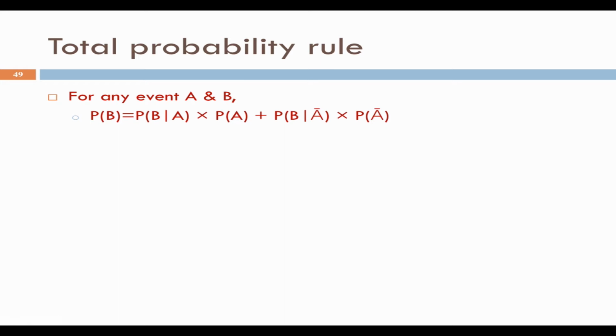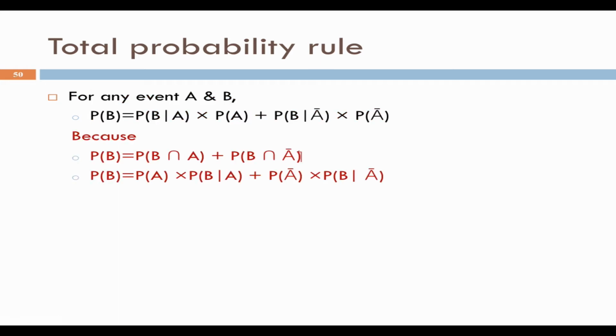And so after we know this conditional probability, it gives us the total probability rule. The total probability rule is phrased like this. It applies to any event. It doesn't matter whether A or B are independent or not, exclusive or not.